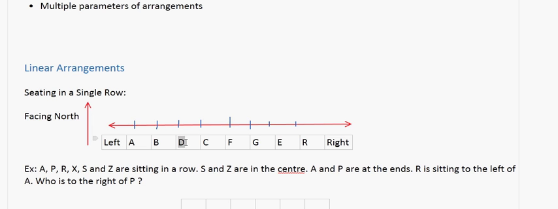If I am D, on my left there is B, on my right there is C, because I am facing north. If in a particular question it is said that we are facing south, then we are looking something like this.